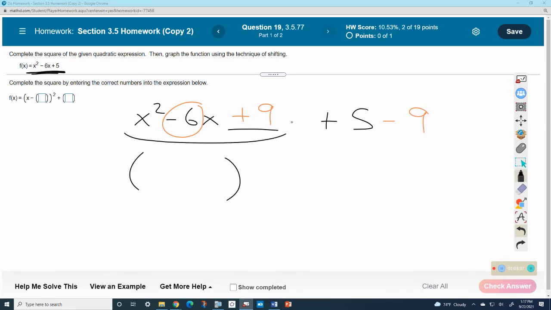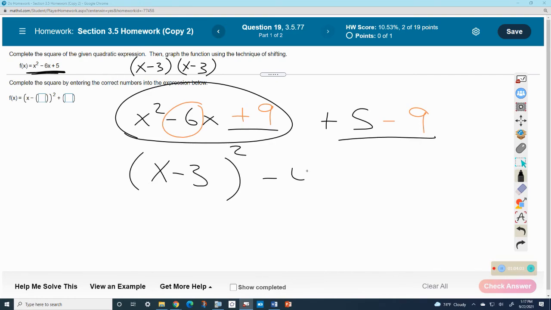So now, this right here factors how? Both of them are 3s. Minus 3 and minus 3, because of negative 3. So I'm going to write that as x minus 3 squared. And then this part turns into minus 4. So this is how we complete the square.